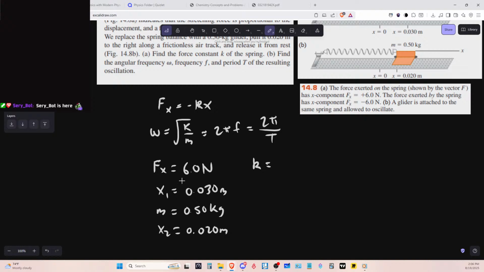I'm guessing, with this, because if the force is positive, the displacement has to be negative, hence the negative sign here. So technically we should probably have this negative symbol here. So for part A, we have to calculate the spring constant.